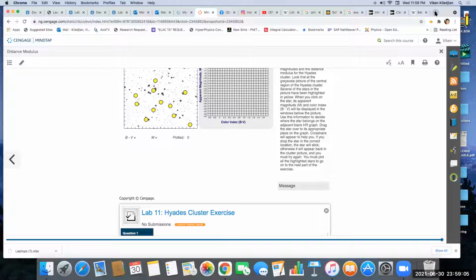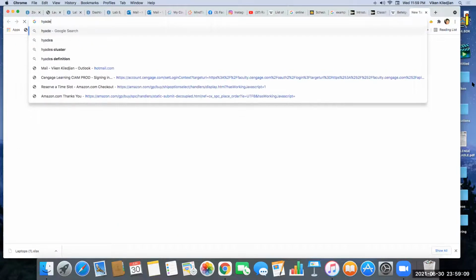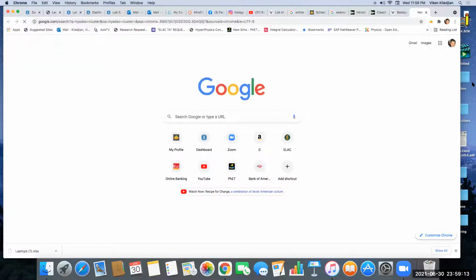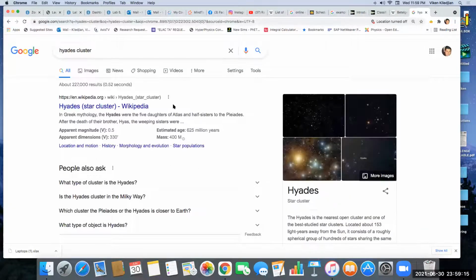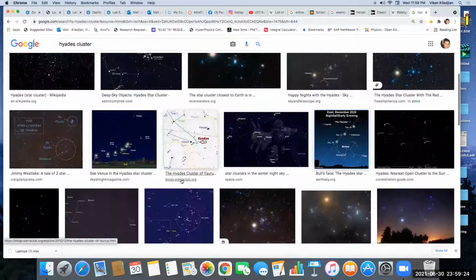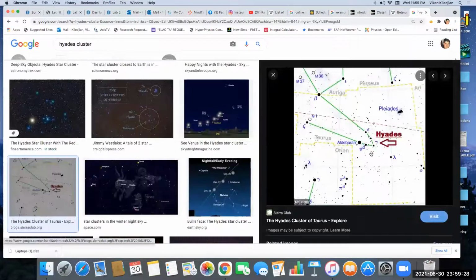So we could look up online and say Hyades cluster. It's a famous star cluster. Oh, beautiful. This is the Hyades cluster, and it's in the constellation Taurus. You see here?